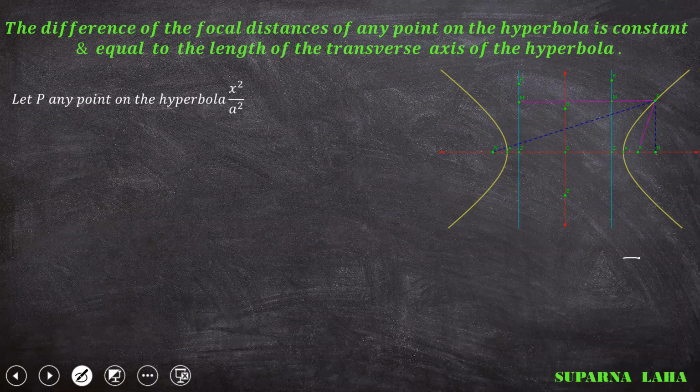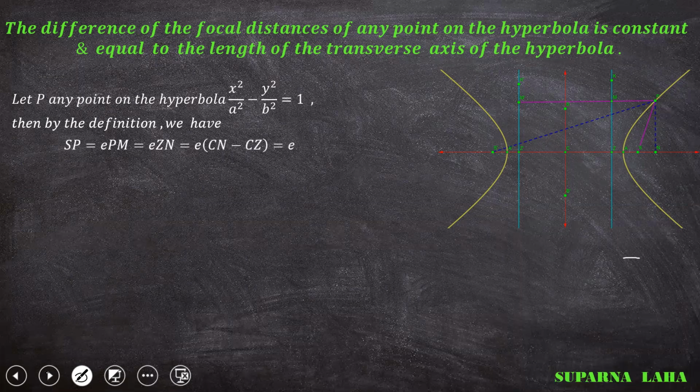So the equation of the hyperbola is x square by a square minus y square by b square equals 1. Okay, so the focal distances, that is SP and S'P, the difference of these two distances is always constant.